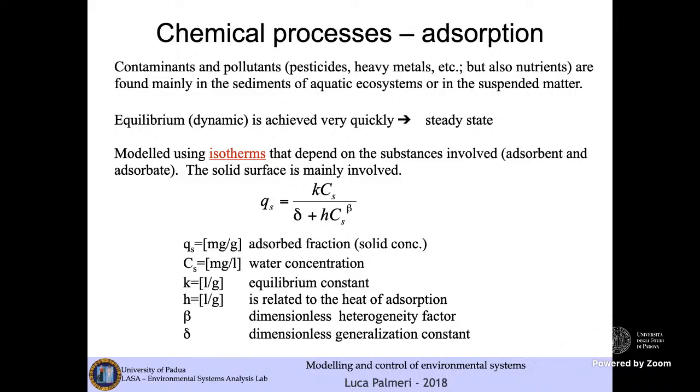We may say that contaminants and pollutants, like for example pesticides, heavy metals, and so on, but also nutrients, are found mainly in the sediments of aquatic ecosystems or in suspended matter. So you, as an environmental engineer, already know that when you are looking for the fate of some toxic substances, you should look to the fate of suspended matter.